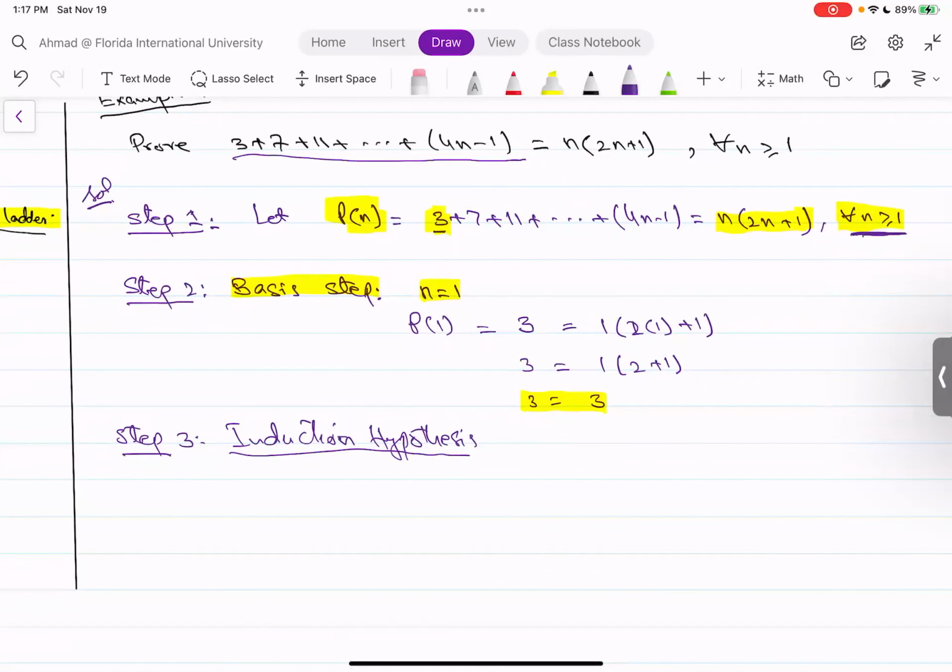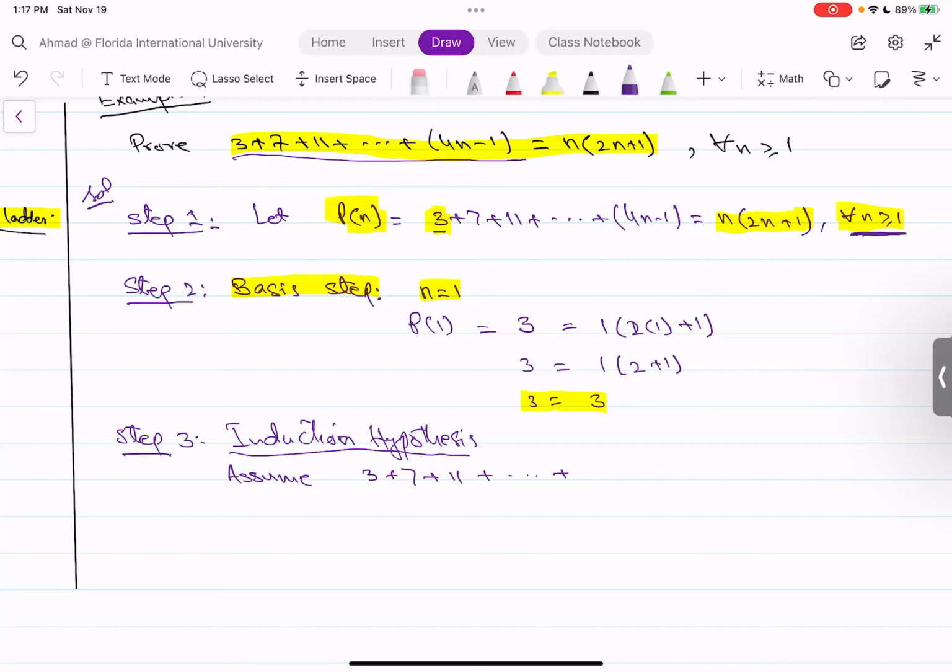I'm going to assume that this given sequence is true for the kth value. How can we show that? Assume that this is 3 plus 7 plus 11 plus so on plus, for the kth value, not for the nth value, 4 times k minus 1.